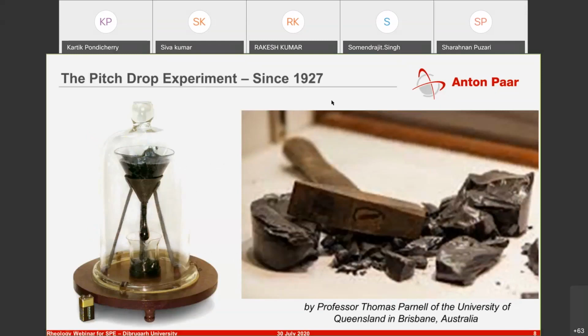Back in 1927, Professor Thomas Parnell from University of Queensland in Brisbane, Australia, devised this experiment wherein he took these chunks, put them in a nice funnel, and said, give it time and it'll drop. And it did drop. It took about 8.5 years on an average for a single drop to fall, but it did fall, which only showed that it's a matter of the parameters.